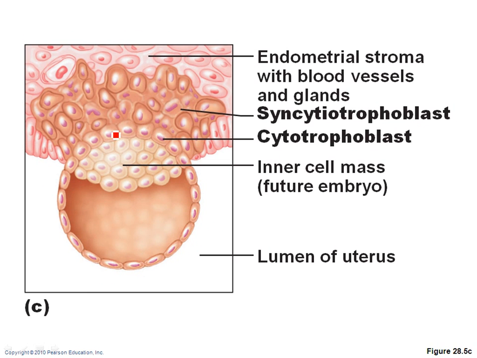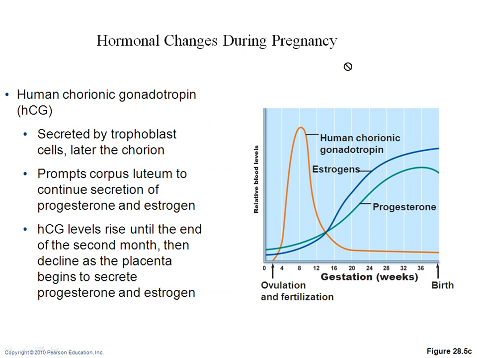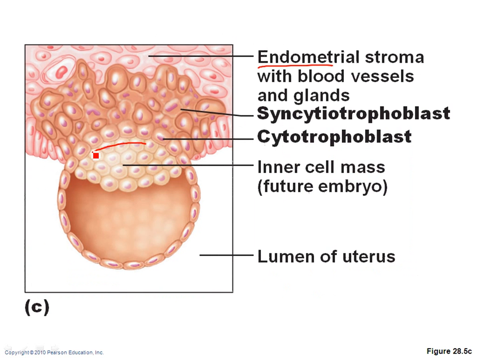And so it's going to become part of the endometrium of the uterus. Pretty cool. So this little area here, this is our future embryo. Okay, so this inner cell mass is what's going to become the baby. It's got all the cells that you need to be programmed to then become the baby, the embryo.